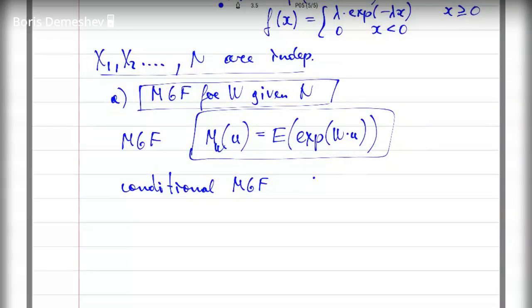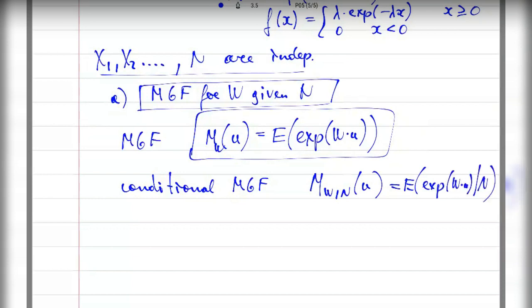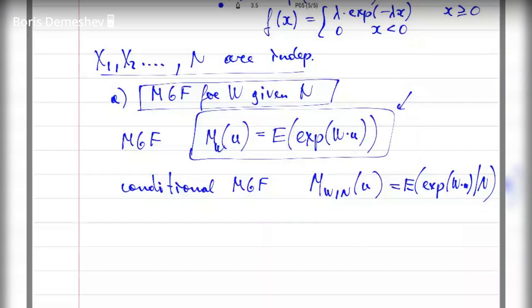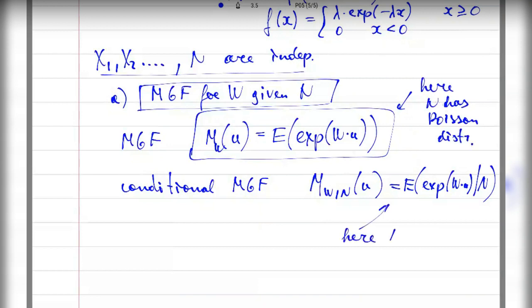The conditional MGF, m of W given n of u, is the expected value of exponent of W times u given n. So we say, let's forget that n has a Poisson distribution and say n is constant. So here n has a Poisson distribution, and here n is constant.